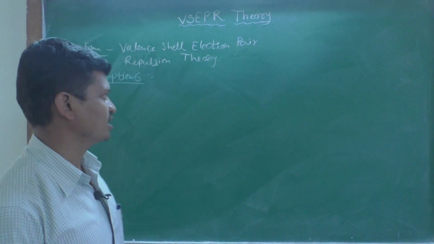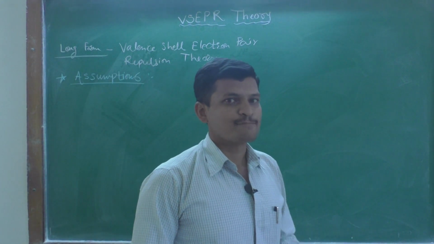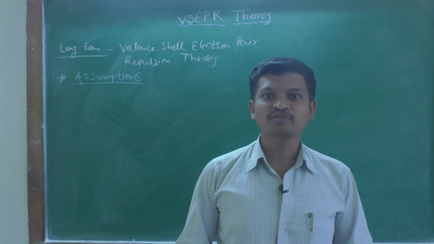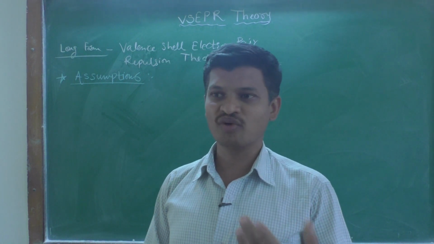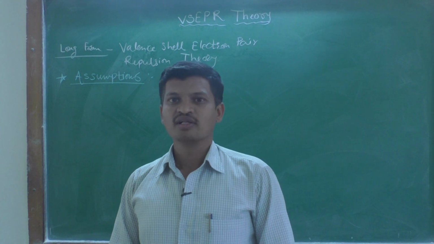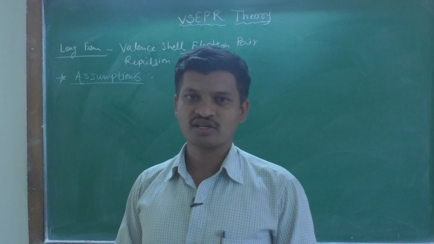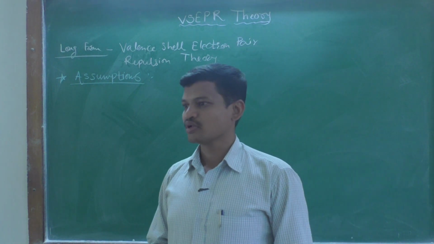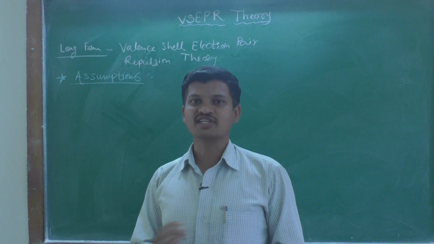In a multi-atom species, a molecule having more than one atom, the electron pairs are considered to be surrounded around the central atom.